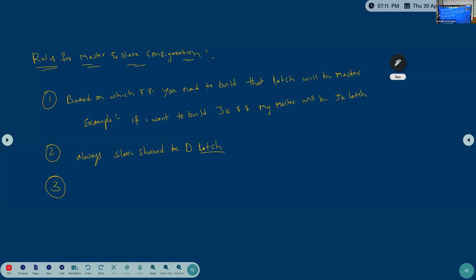Master and slave always should be opposite level triggers. This is the third condition.